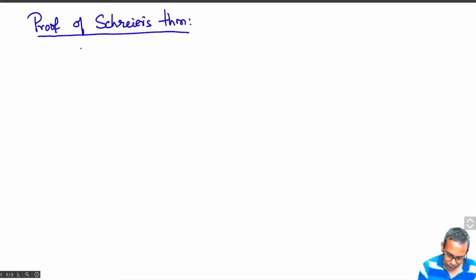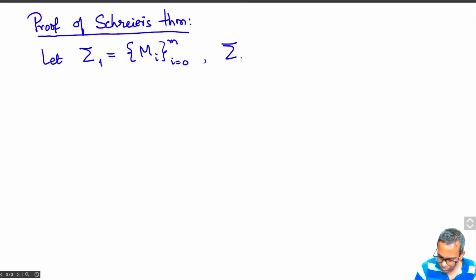Let's say sigma 1 is just the series M_i, i goes from 0 to m, and sigma 2 is the series N_j, j goes from 0 to n.